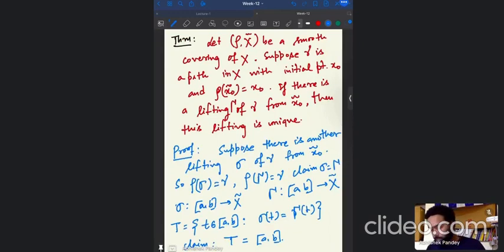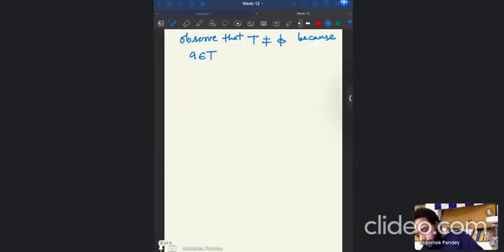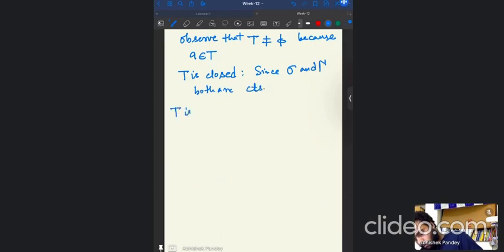Now next we prove that T is closed. This is quite easy, since sigma and gamma both are continuous. Next we will prove that T is open.